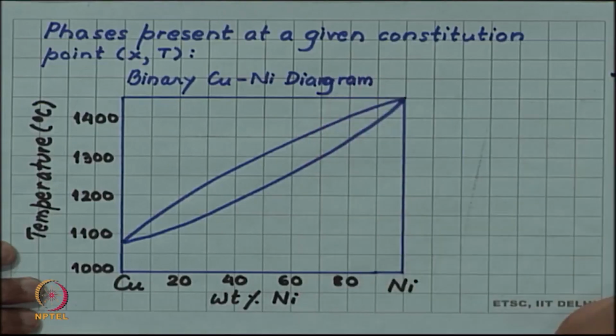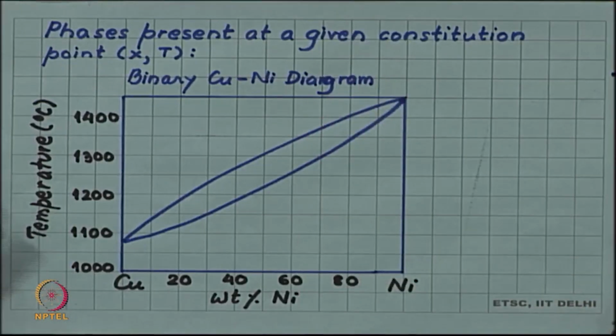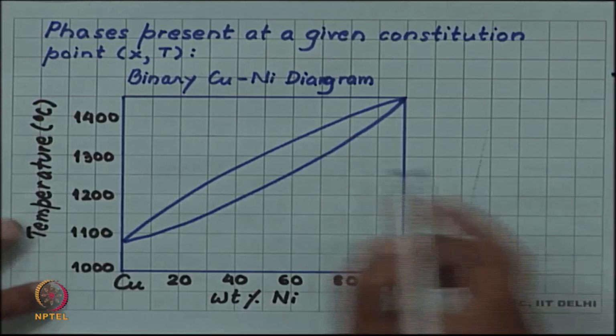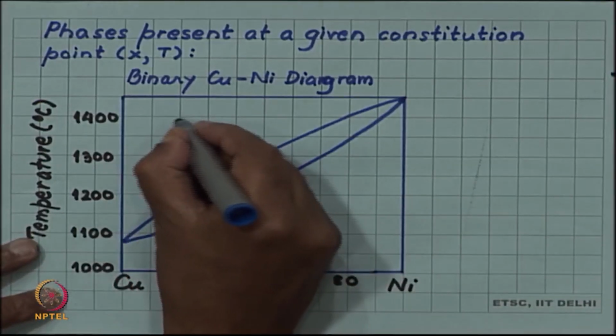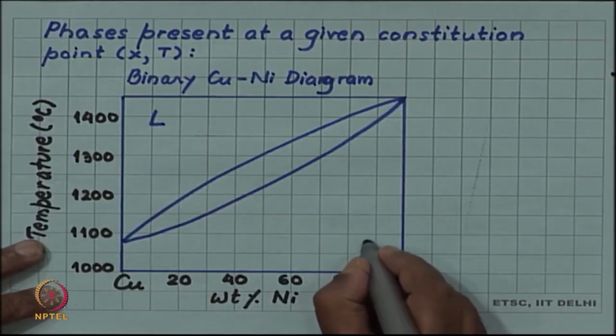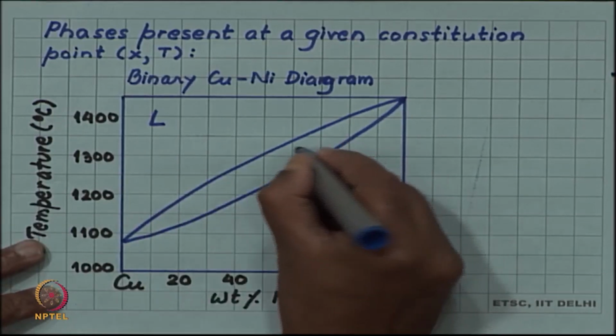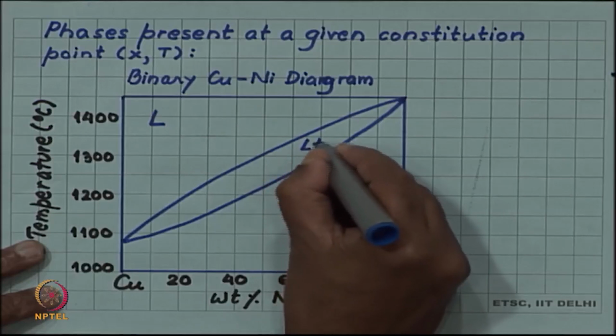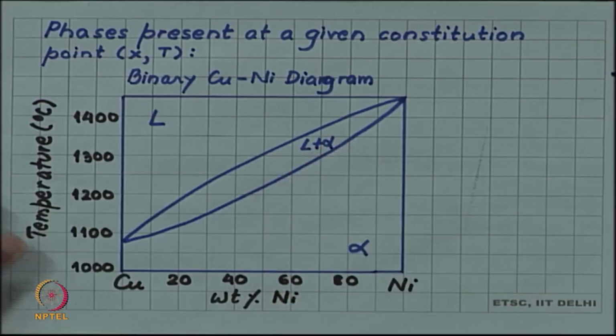So, you are quite familiar with this now, and we saw that this region is the liquid phase, this region is a solid solution phase which we call alpha, and this region is a 2-phase region.